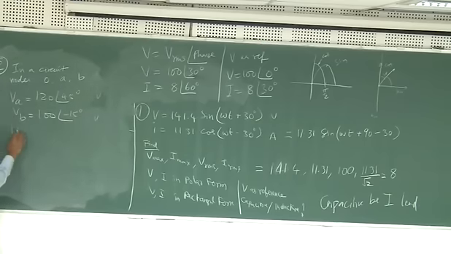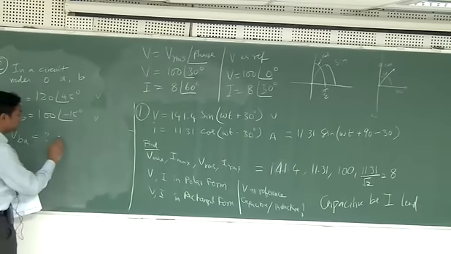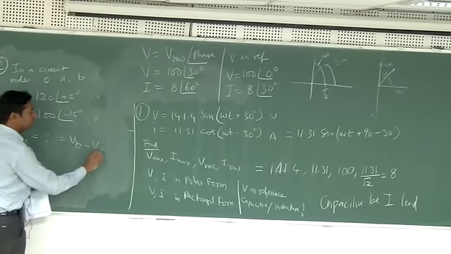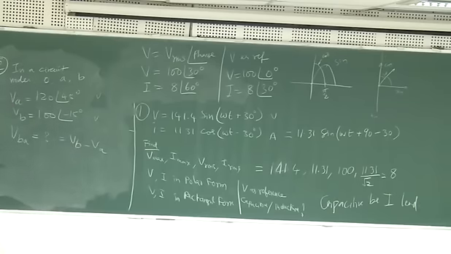And then VBA. I'm talking about the notation actually. What is VBA? So yes, VBA is VB minus VA. So can you quickly solve it and then see what happens?